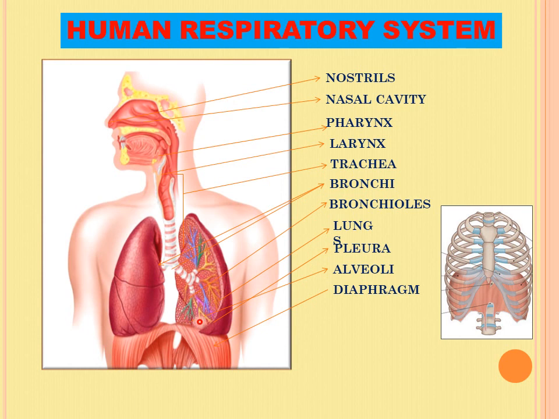These alveoli are richly supplied with blood vessels, meaning they are surrounded by blood vessels. These blood vessels have deoxygenated blood, in which oxygen is less and carbon dioxide is more.